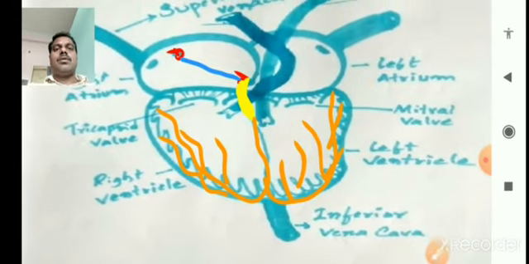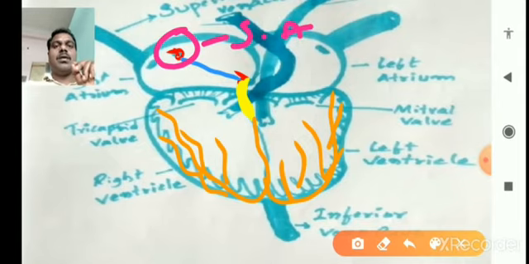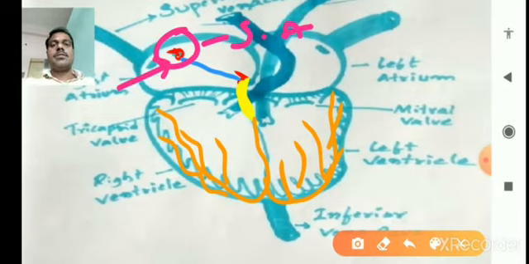The heart function is based on the signals produced from the SA node. The SA node gains signals from the accelerator nerve, which is produced from the medulla oblongata. The accelerator nerve releases sympathin and activates the SA node.